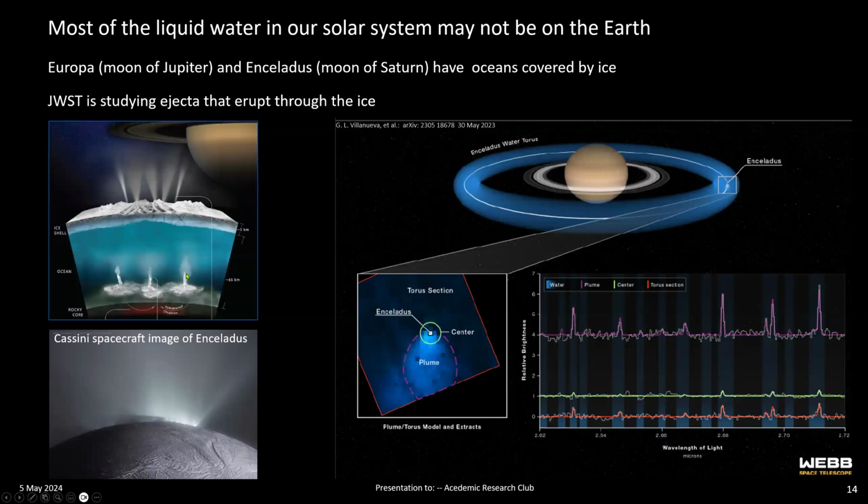And the same thing could be happening on Enceladus and Europa. Now, the Webb telescope has observed this ejecta. We have found that it is, in fact, water. We've taken spectra of the ejecta to measure its chemical composition in water.